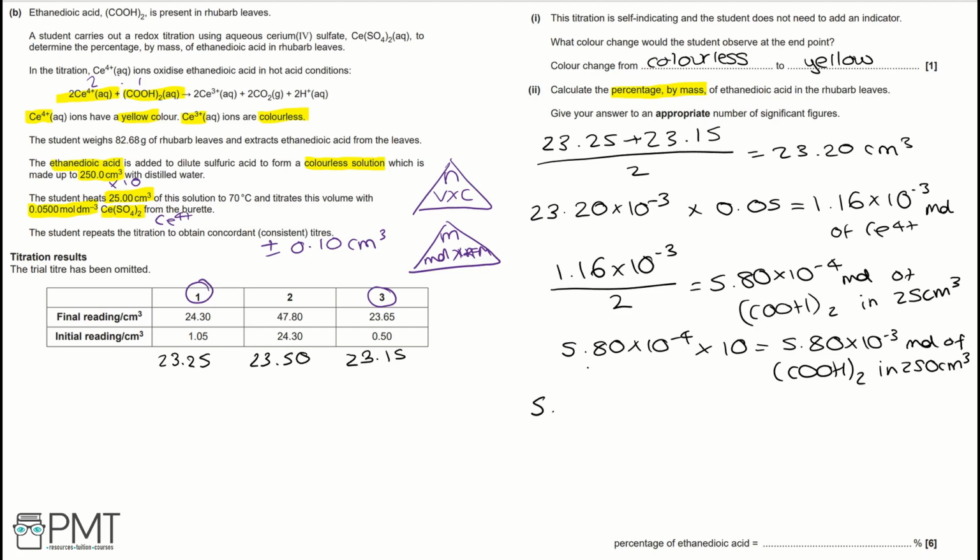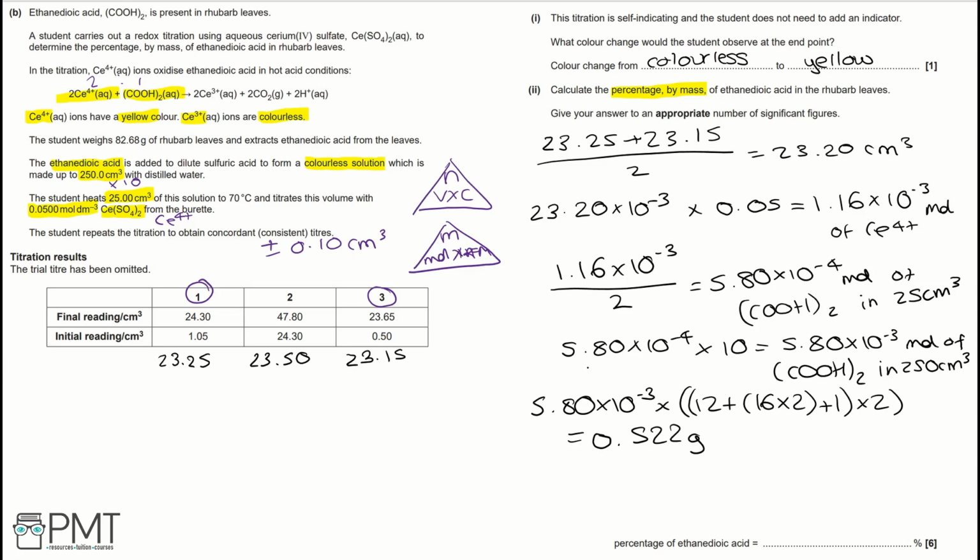That would be 5.80 times 10 to the negative 3 multiplied by (12 plus 16 times 2 plus 1 times 2), all in brackets, all multiplied by 2. 12 comes from carbon, 16 times 2 is the 2 oxygens, and 1 is a hydrogen, all multiplied by 2 is the relative formula mass of ethanedioic acid. That would give us 0.522 grams.